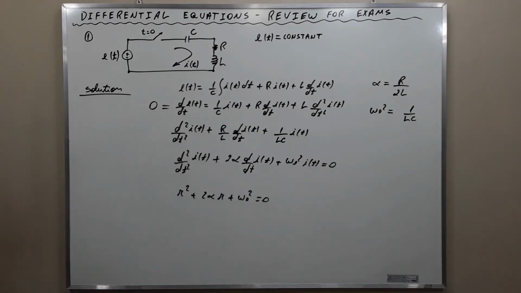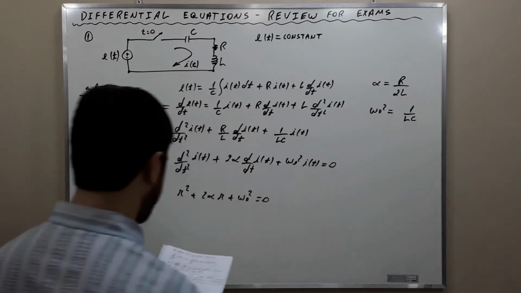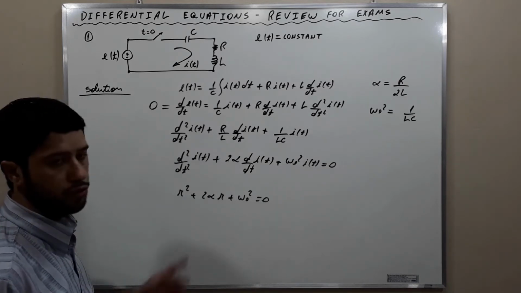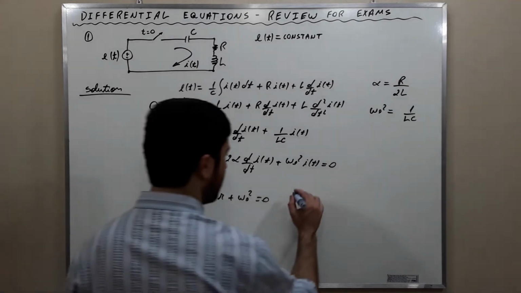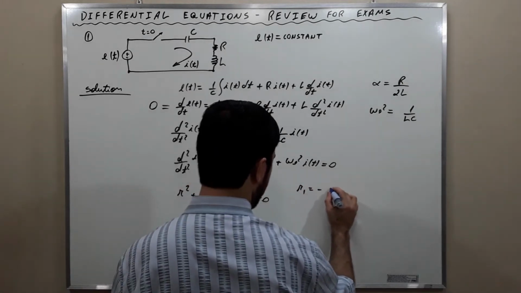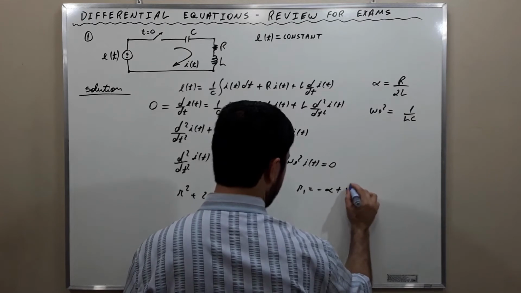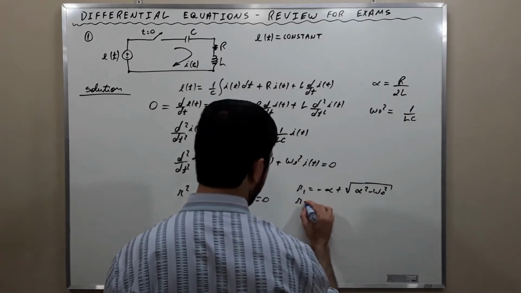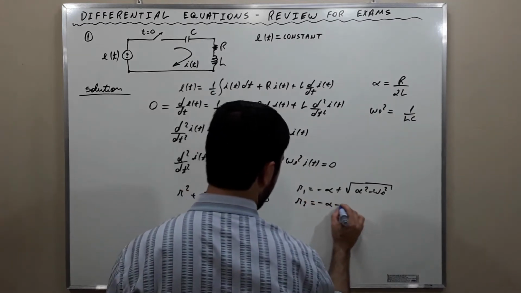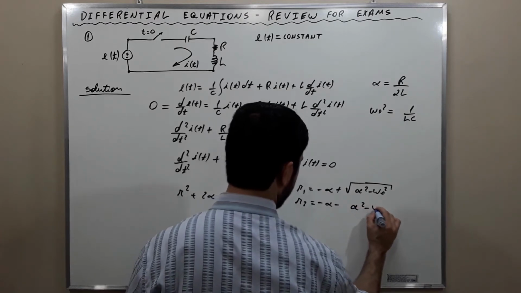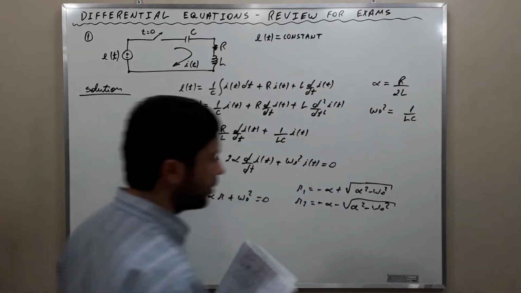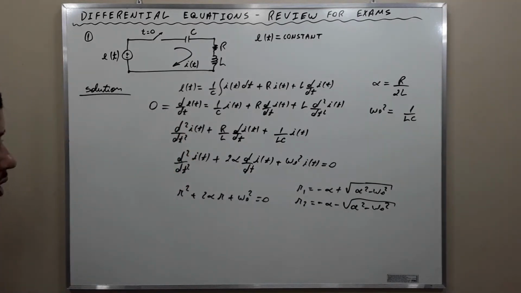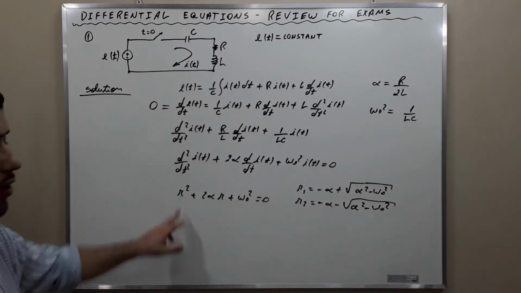And the roots of this equation, you simply apply Bhaskara here to calculate the roots of this quadratic equation, and then we find that r1 is equal to negative alpha plus the square root of alpha squared minus w0 squared, and the second root is equal to negative alpha minus the square root of alpha squared minus w0 squared. Alright, these are the roots of the characteristic equation.